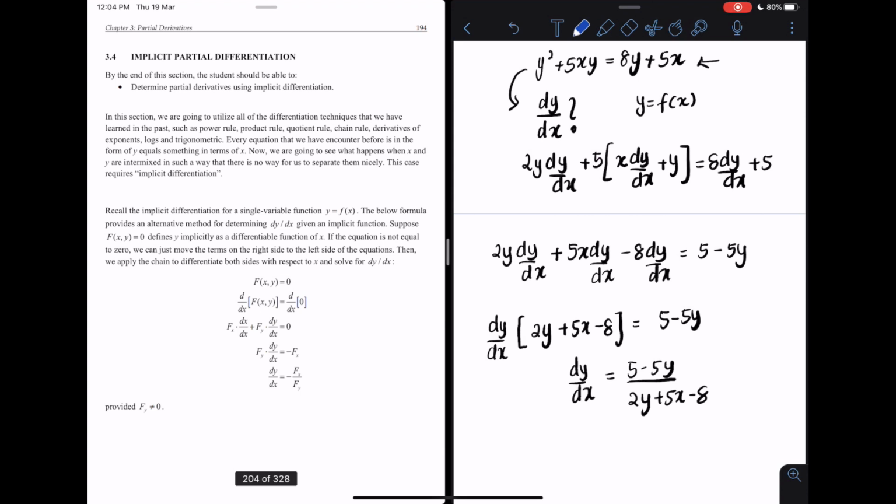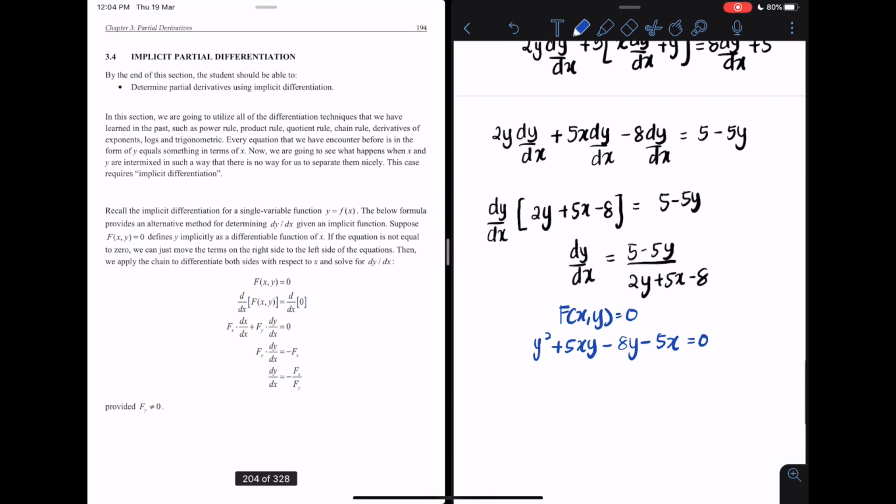This is the important process, or else this formula won't be valid. So you have to find what is function f(x, y) equal to 0. In this case, I will get y squared plus 5xy minus 8y minus 5x equal to 0.